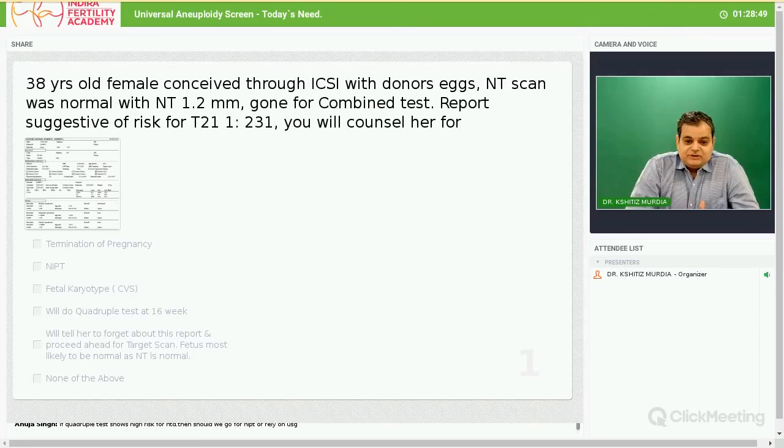So there is no need for termination. Definitely, NIPT and karyotype are not required because the risk is falsely increased, as the age is wrongly mentioned. The best way is to get the new report from the laboratory by correcting the details. So none of the answers above is the best answer.